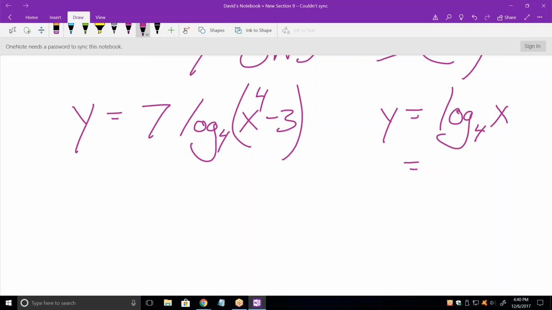Now, remember that if this was natural log of x, the derivative would be 1 over x. So it becomes 1 over x natural log of 4.